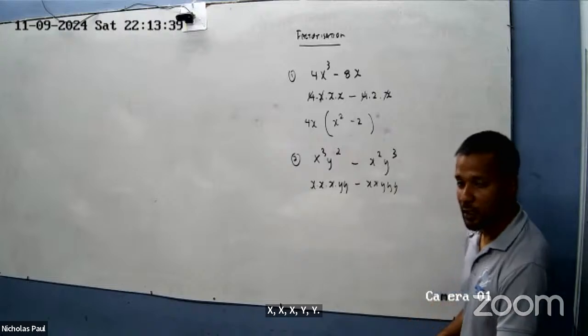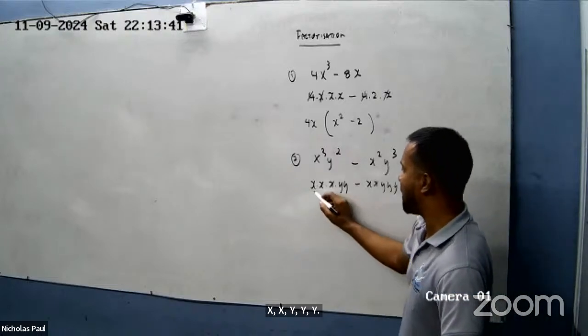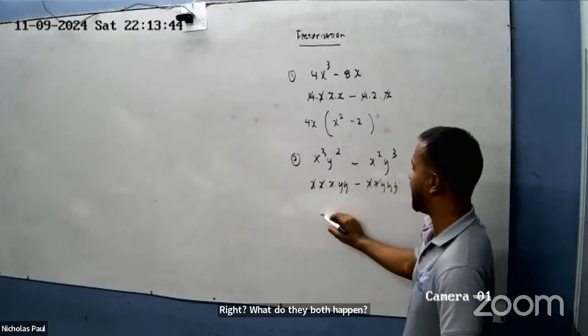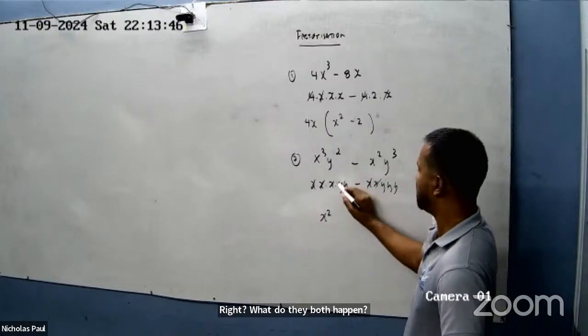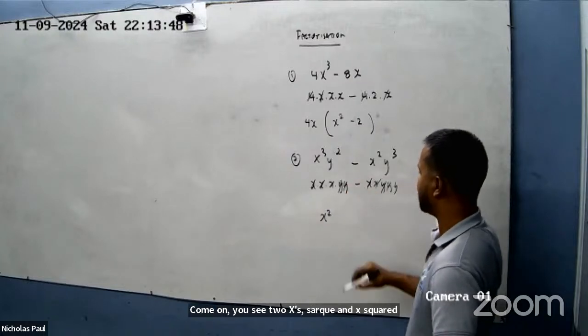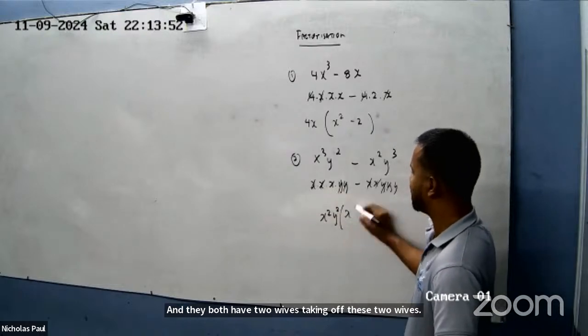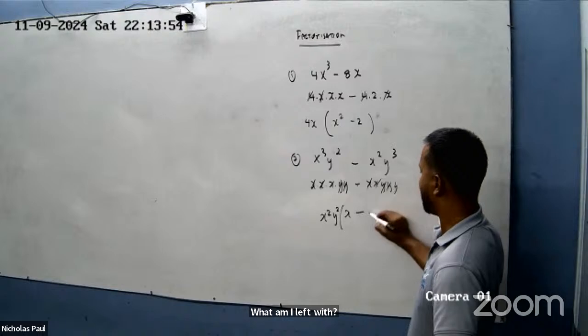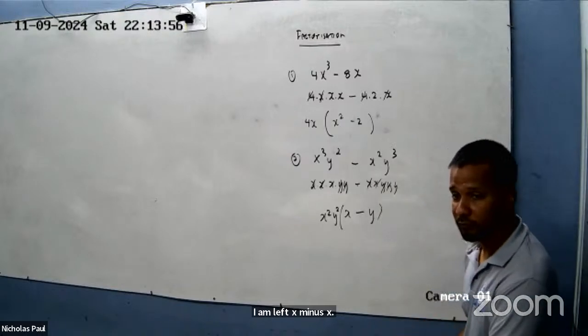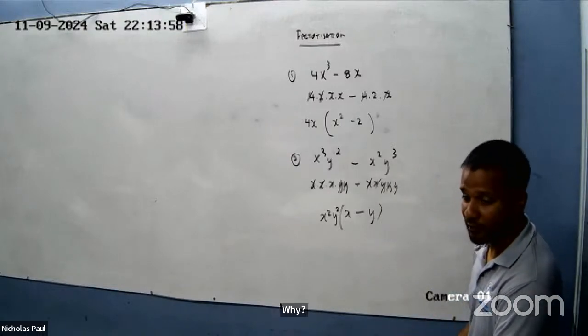Right? What do they both have in common? You're seeing 2 x's, so put x squared, and they both have 2 y's, so take off these 2 y's. What am I left with? I am left with x minus y. Okay? That's the way you factorize, right?